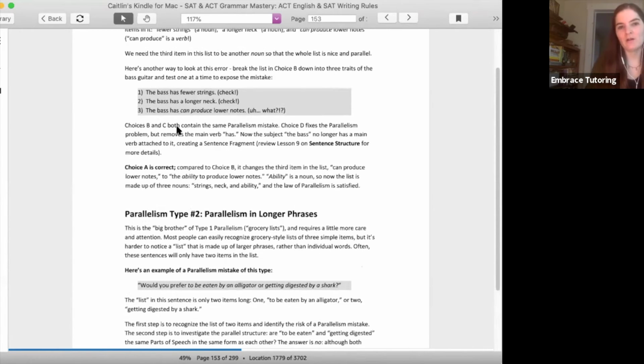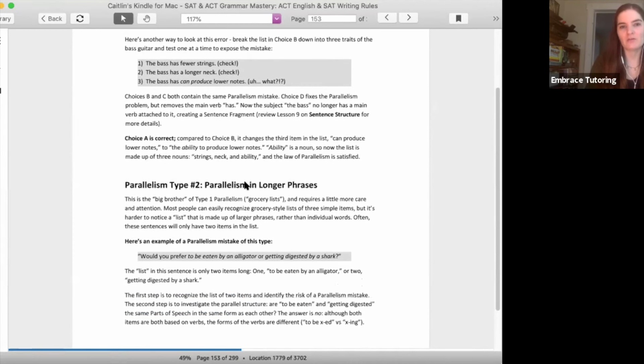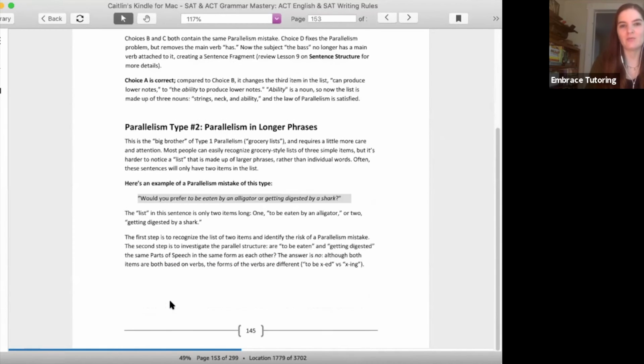So if you are simply listing a few things, like strings, longer neck, can produce lower notes, "can produce" is a verb form, so it's not going to fit. It's not paralleling the nouns. It's not matching, so we can't use it in parallel structure. And that was from an example that they gave.